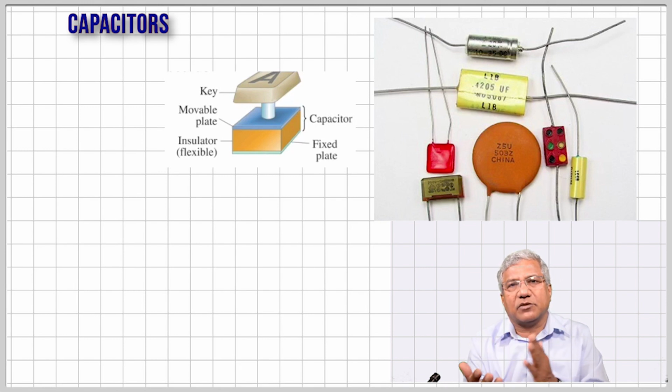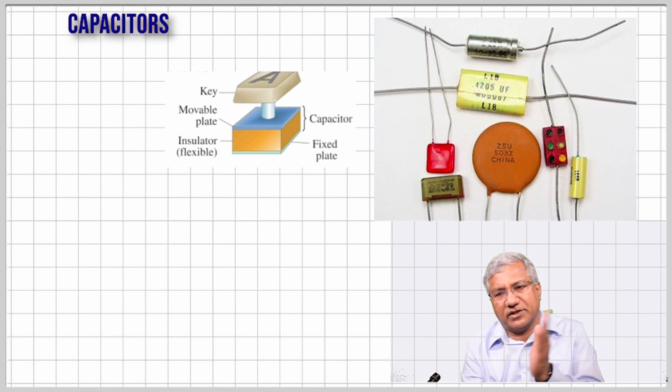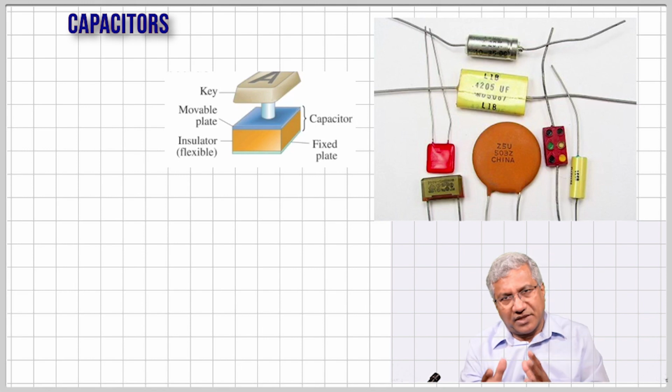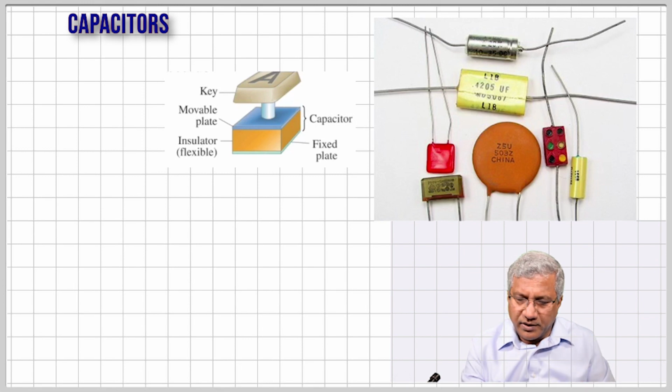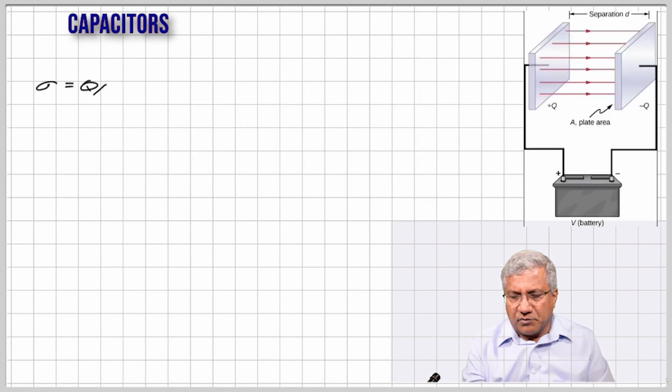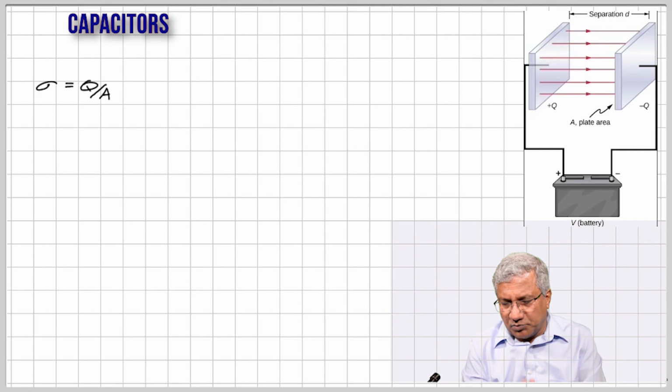So when you connect them in an electrical circuit, one has to be connected to the positive side and the other to the negative side. That is true if it's an electrolytic capacitor. But most of the time, capacitors do not have a polarity, so you can connect the plate either way. We'll get to all that, but let's now find the formula for capacitance of a parallel plate capacitor.